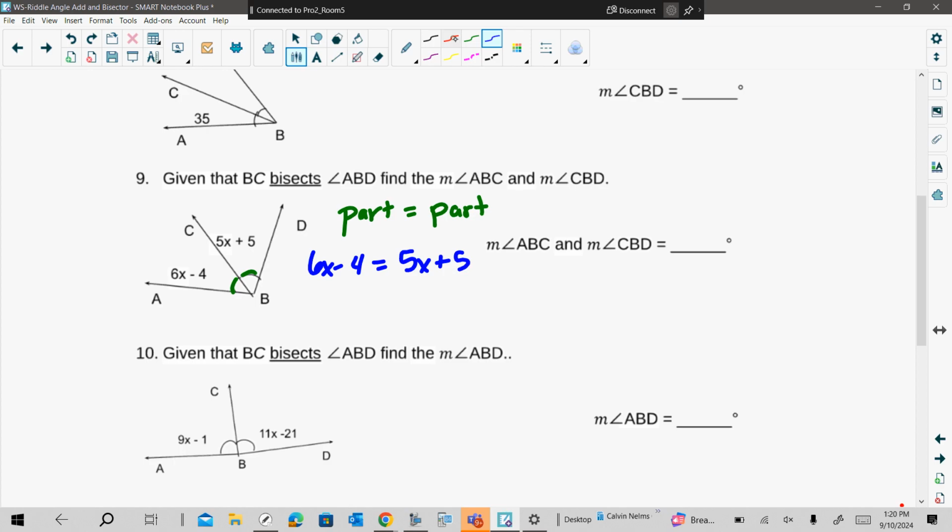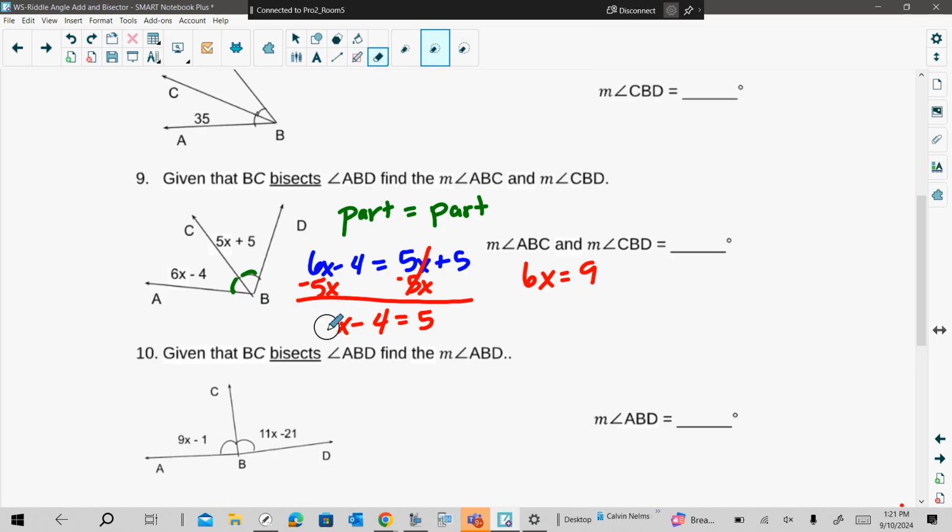We're just going to solve for x. Start off with the smallest variable, minus 5x. So I get x minus 4 equals 5. Add the 4. We get x equals 9. Sorry, I said 6x by mistake, it's just x.